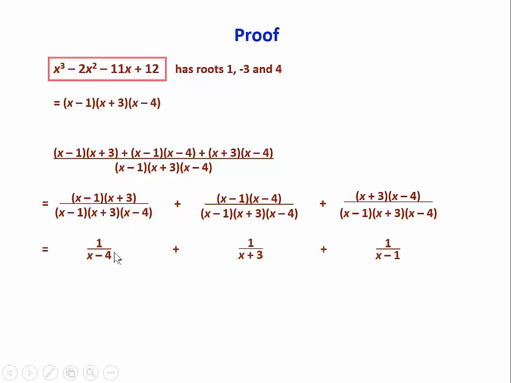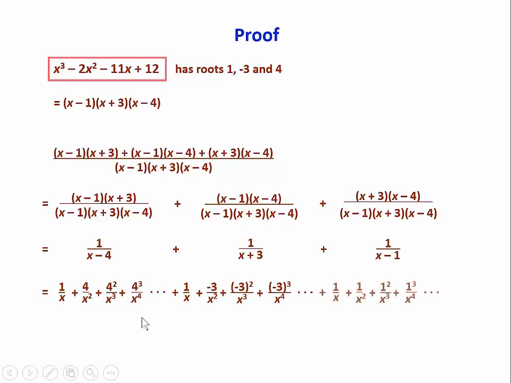And then we can divide. We get this, this, and this for the 3 divisions. And we can combine like terms. So we've got 1 over x plus 1 over x plus 1 over x is 3 over x. And then we get, for the x squared denominator, 4 minus 3 and 1 over x squared. And then the sum of the squares over x cubed and so on.